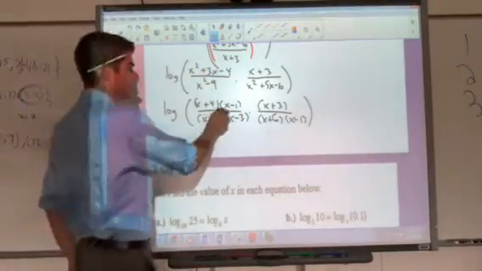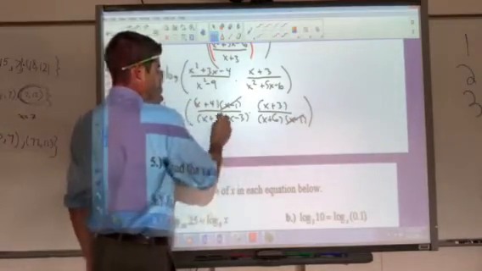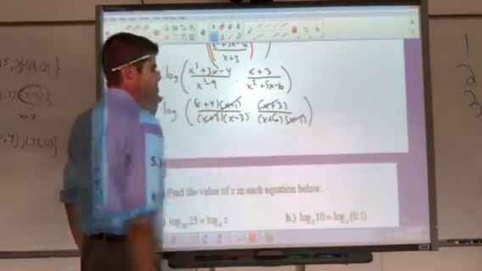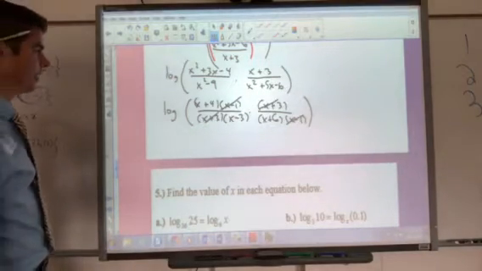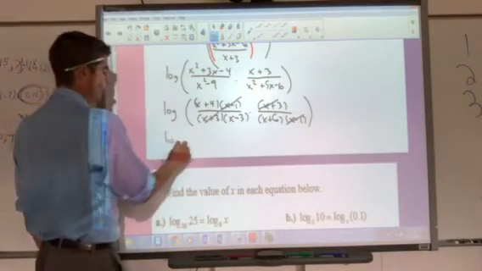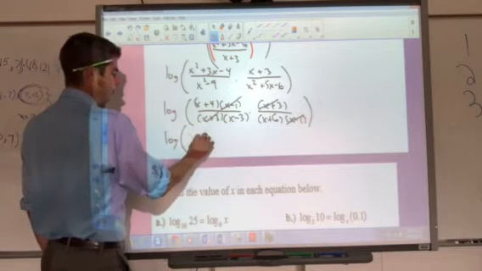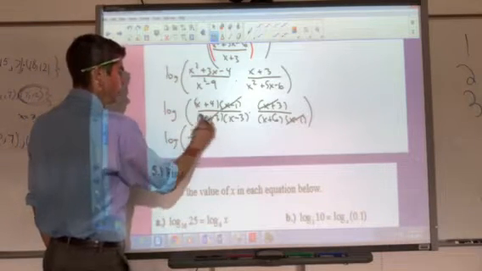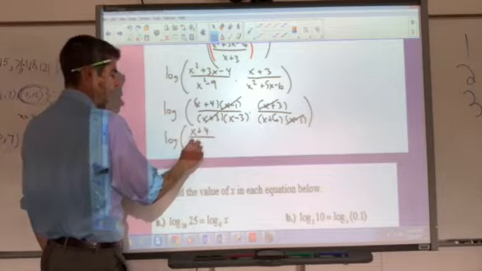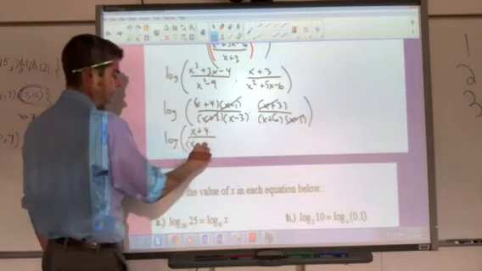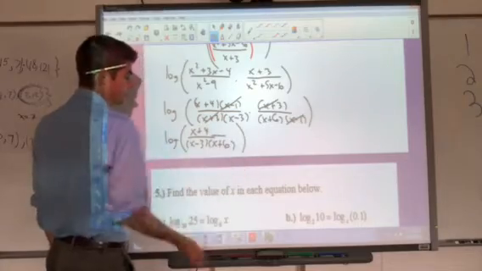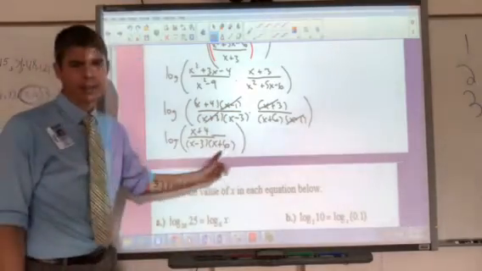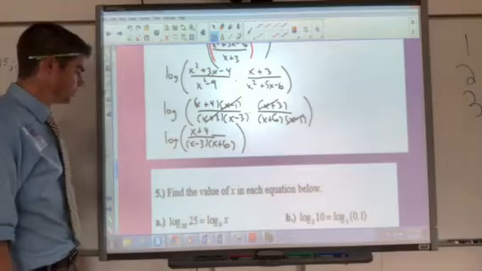So I see an x minus 1, x minus 1, x plus 3, x plus 3. And that's it. So then I would simplify that to log of x plus 4 divided by, I could just say x minus 3 times x plus 6. Okay. And whether or not you distribute that or multiply it, your choice.